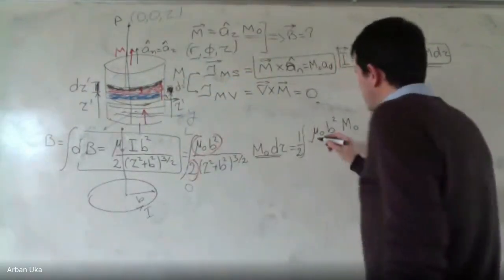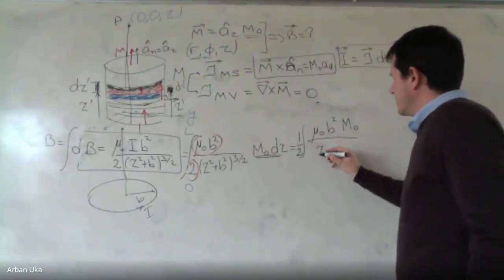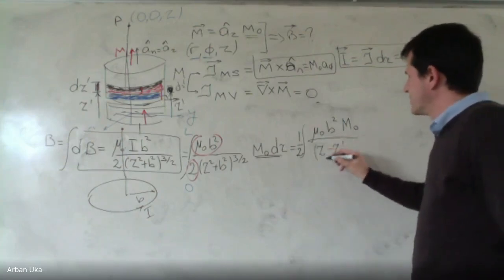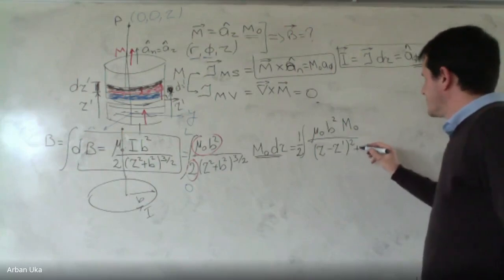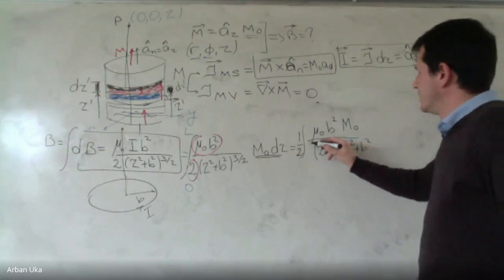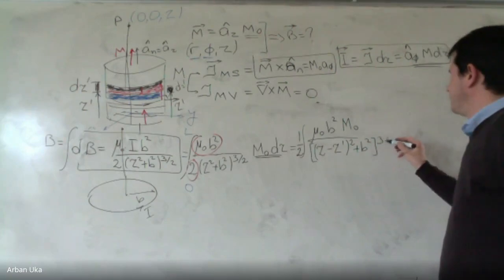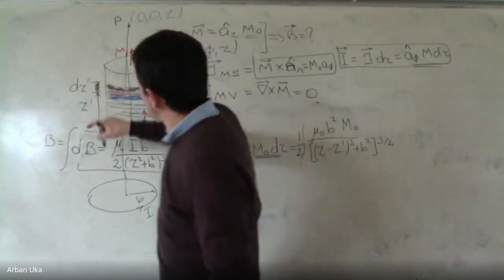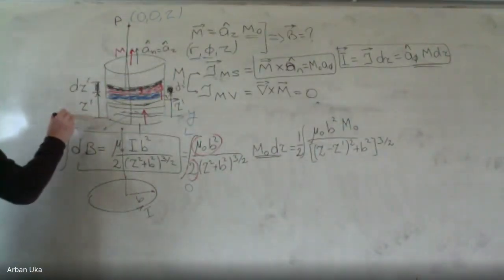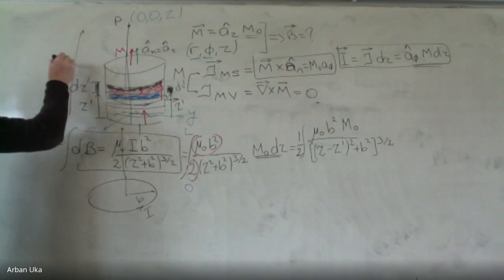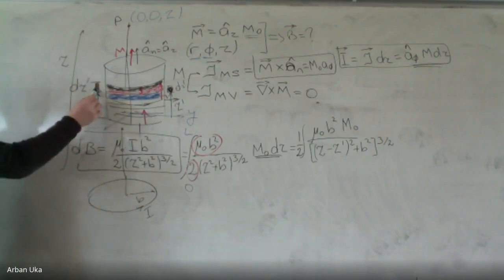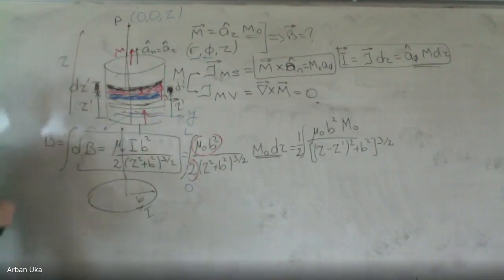And then in this expression, we are left with z minus z prime, because this is how far, plus b squared. This is how far we are. So this distance, this is z prime, and this is z, and the distance from this element that we are considering, the current flowing here, to here, is z minus z prime.